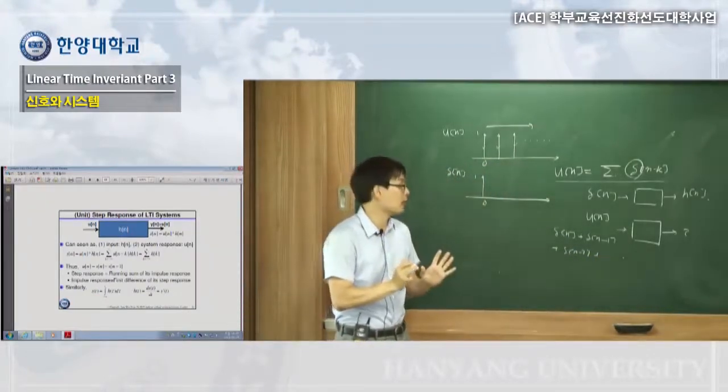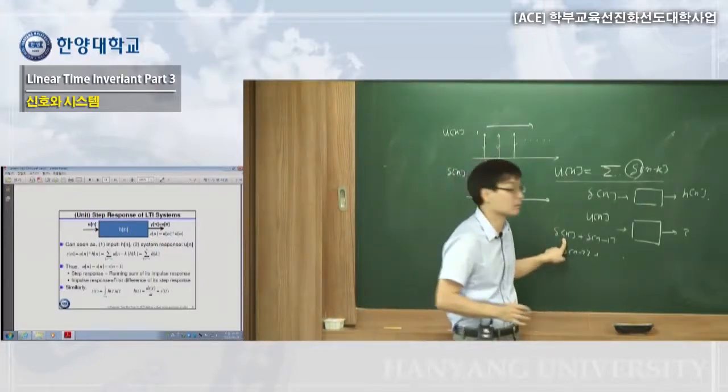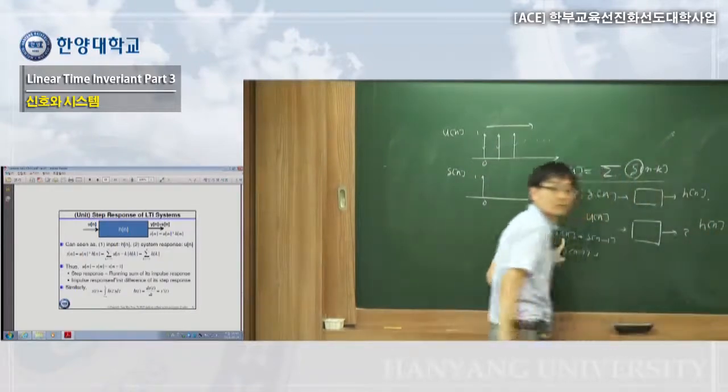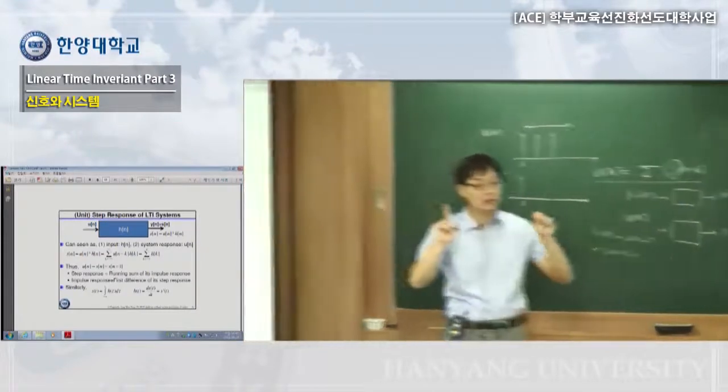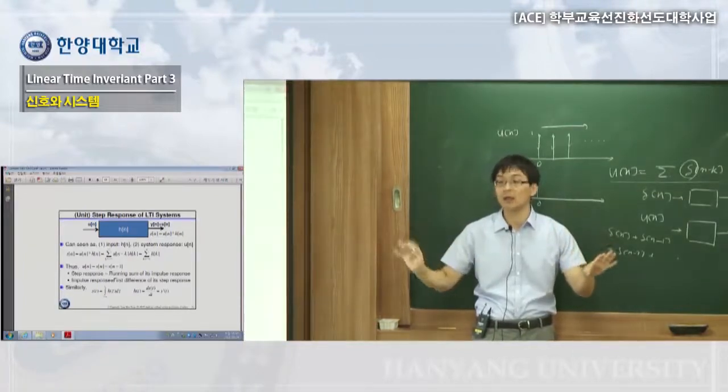So what is the output of delta n? That's Hn, right? Note that this is a time invariant and linear system.